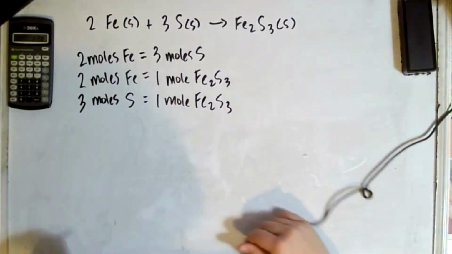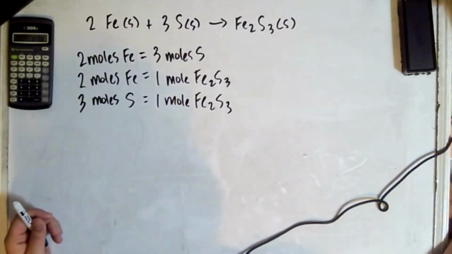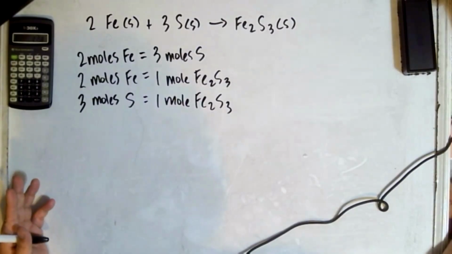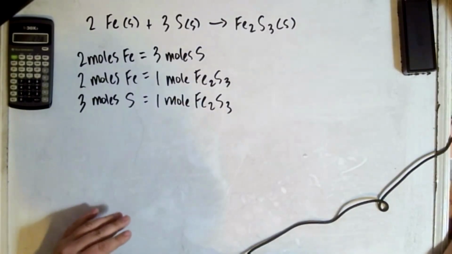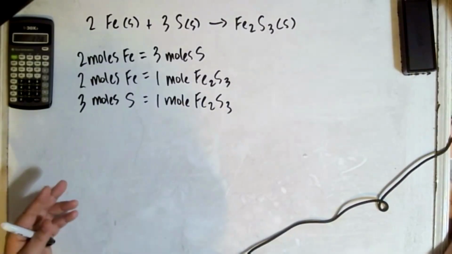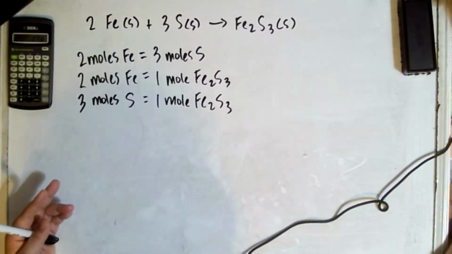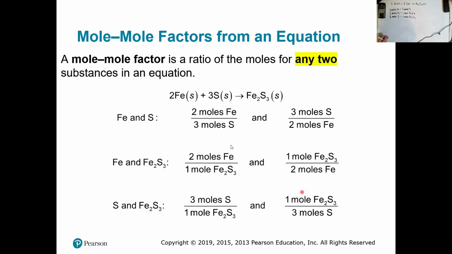Just like with any other kind of problem that we've looked at so far, we set up our conversion factors so that whatever value we're given in the problem ends up as our denominator in the conversion factor. And whatever we're trying to convert into is going to be in the top of our conversion factor. But these conversion factors all come from those equalities that we can get from our balanced chemical reaction.